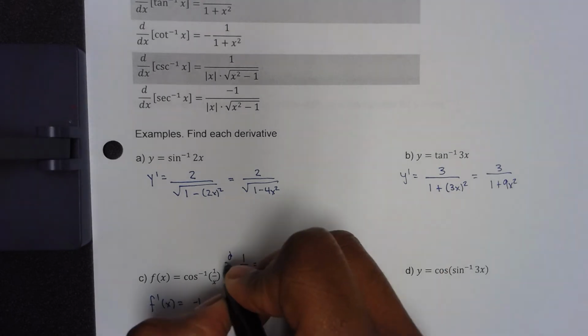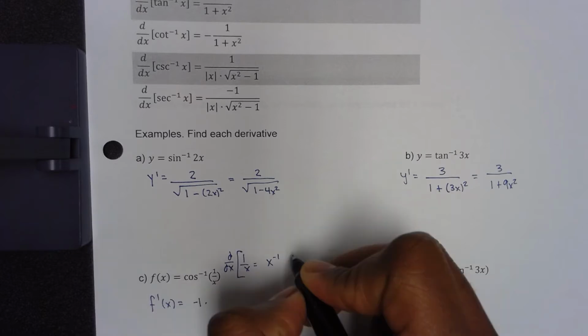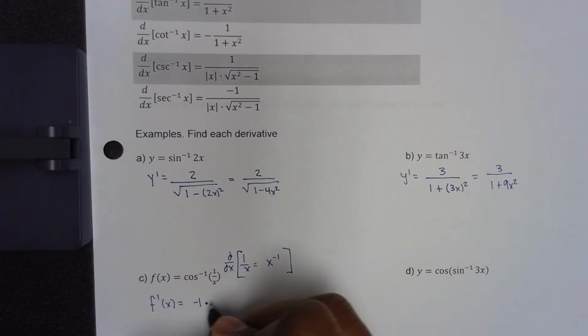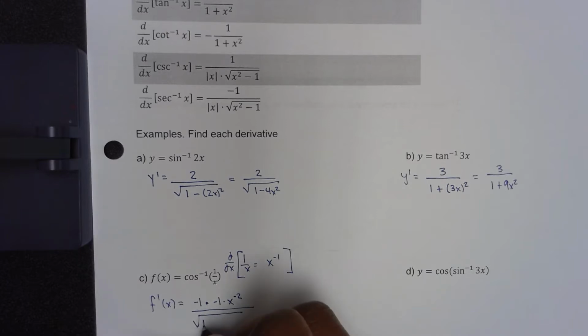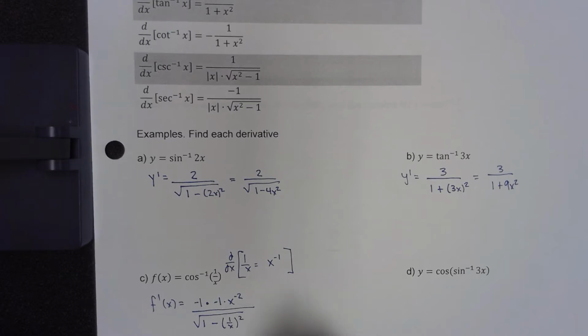If we calculate its derivative, that's negative 1 times x to the negative 2, divided by the square root of 1 minus 1 over x squared. Negative negative is going to be a positive, so we're going to have positive 1 over x squared, which moves to the bottom, so x squared times the square root of 1 minus 1 over x squared.